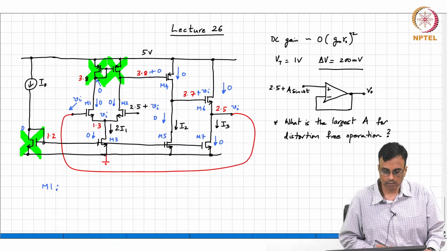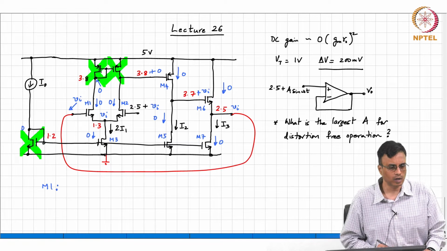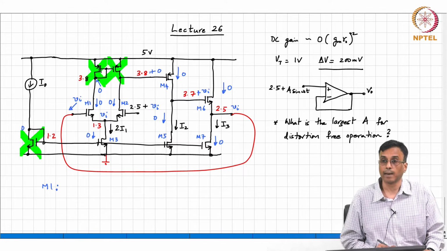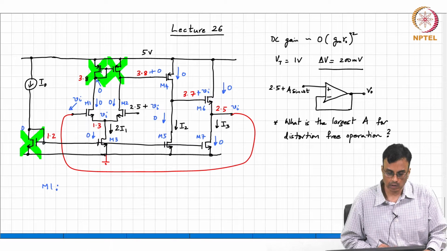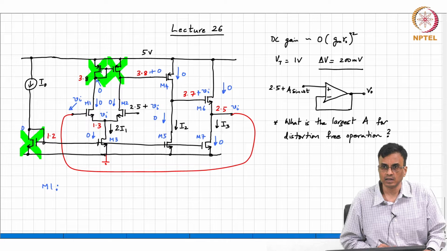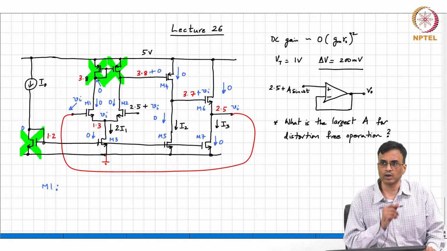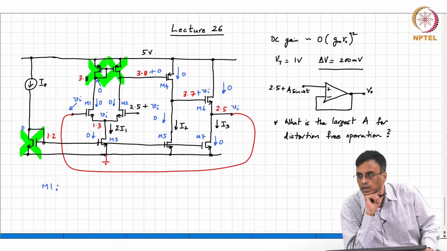So M1, what is the triode limit? How high can the gate go before M1 goes into the triode region? What is the drain potential? Drain potential 3.8. So, what is the highest voltage that the gate of M1 can go before M1 goes into the triode region?